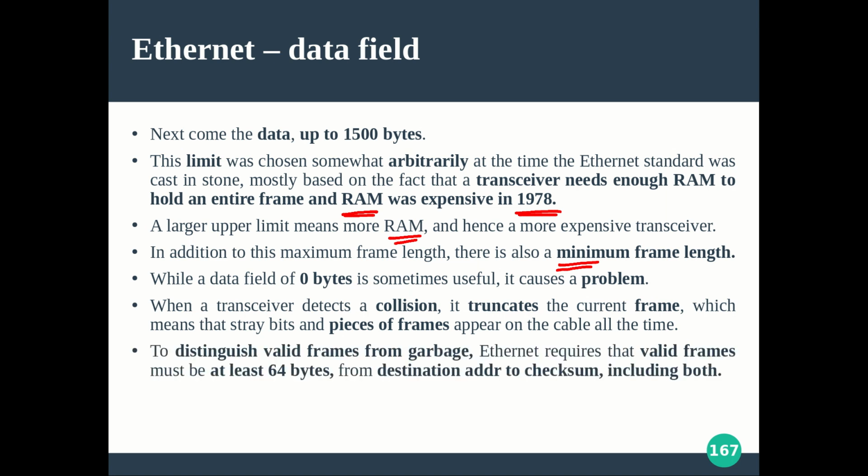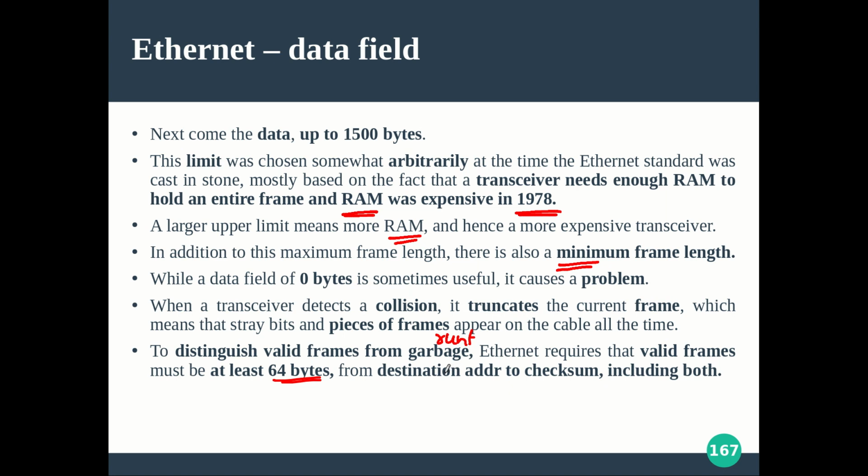So to distinguish a valid frame from the garbage coming as part of the collision fragments, sometimes they are also called runt frames. Somewhere I heard that name, runt frame, or garbage, or collision fragment. So Ethernet requires a valid frame to be of size at least 64 bytes. If the total size of the frame including header is less than 64 bytes, that means it's garbage.